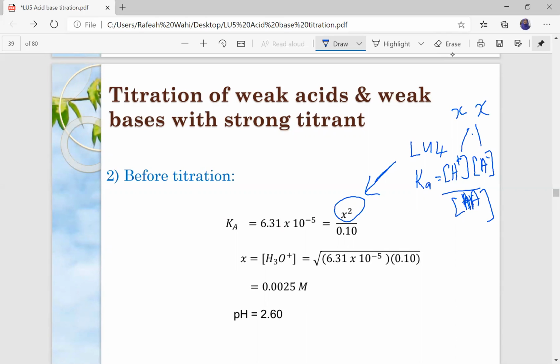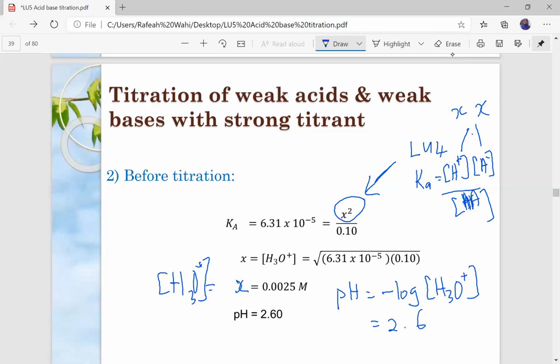From the calculation, you get X. So from X, you can calculate pH. X is actually the concentration of hydronium ion, so pH equals negative log concentration of hydronium ion, which is 2.6. So this is before titration.